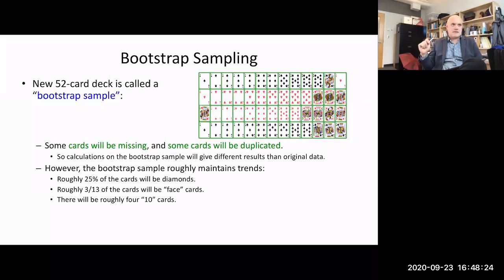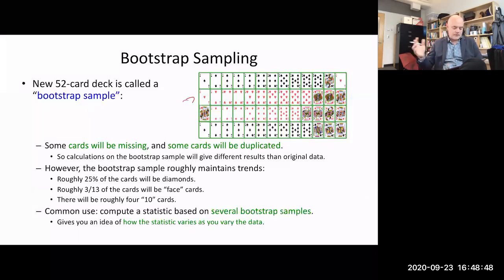And that's really important, right? So if you, for instance, do something silly like count the number of tens in this bootstrap sample, it's going to vary from one bootstrap sample to the next. But in expectation, it'll be 4. Same for aces, and so on. So the bootstrap sample maintains some rough trends, like 25% of the cards will be diamonds. The face card percentages will be right, and they'll be roughly 4 tens, and so on.